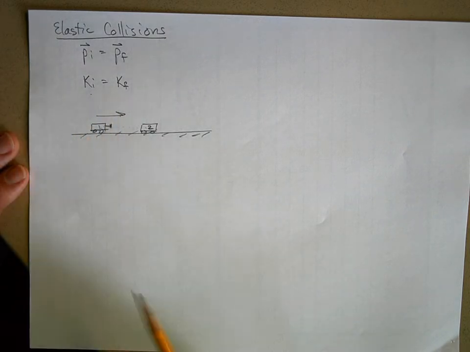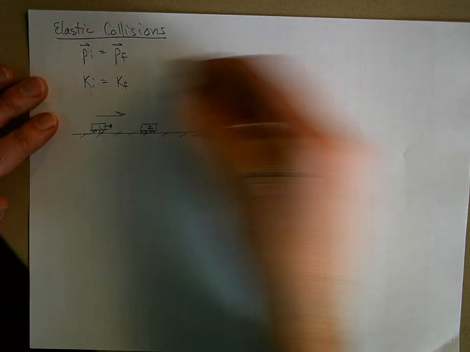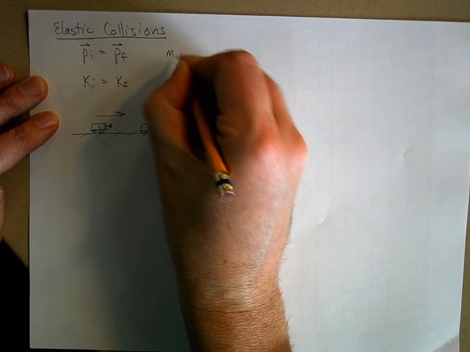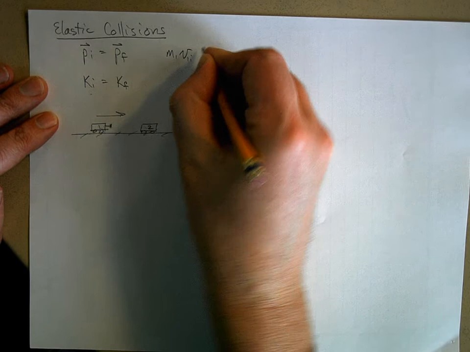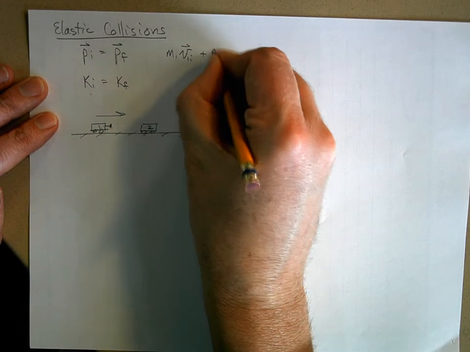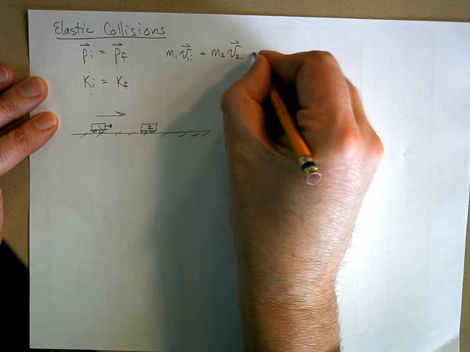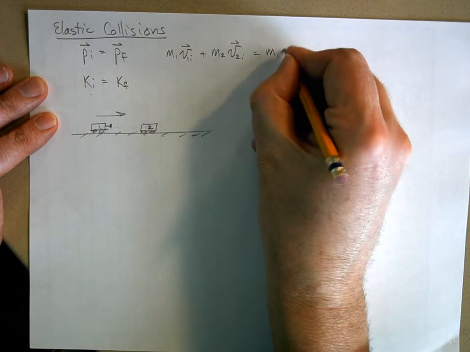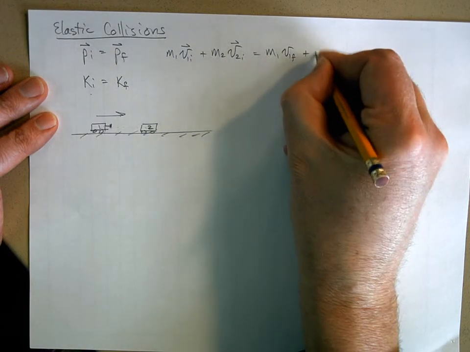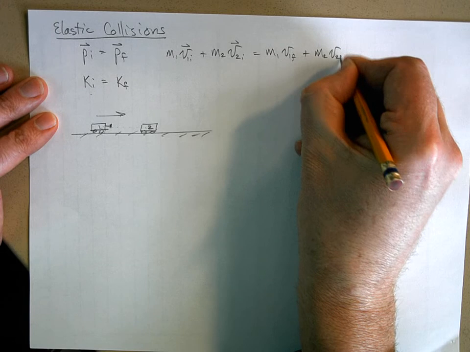So when we try to solve a problem, we go, okay, m1 v1 initial plus m2 v2 initial equals m1 v1 final plus m2 v2 final.